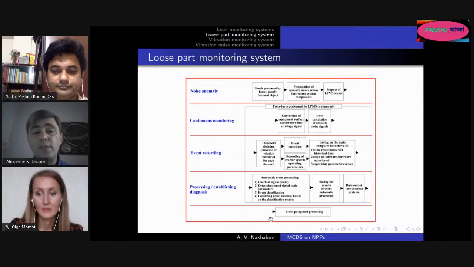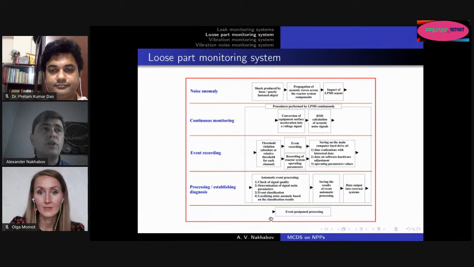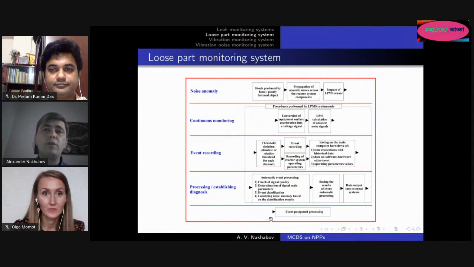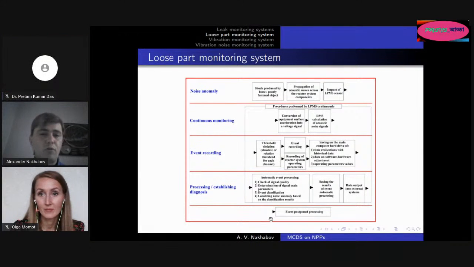In case of damage to this connection, a situation is possible when some fuel assemblies lose connection in some part, in the upper part, for example, and in the flow of coolant our fuel assemblies will get stuck around different objects, and of course it's a very dangerous situation as well.